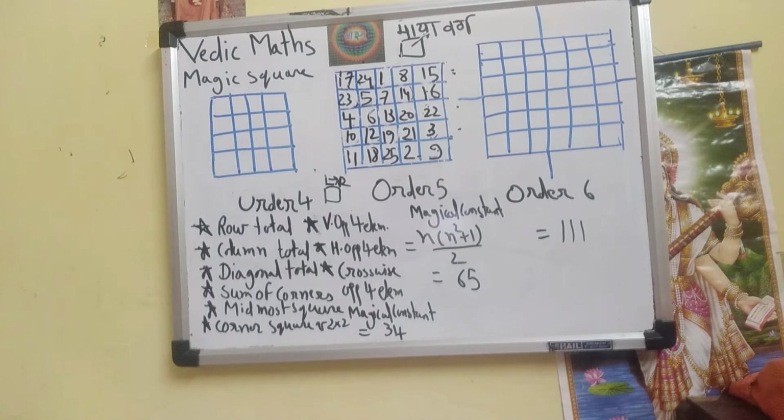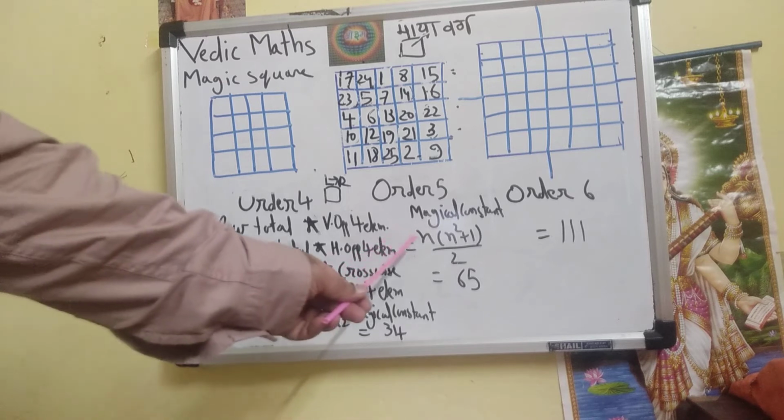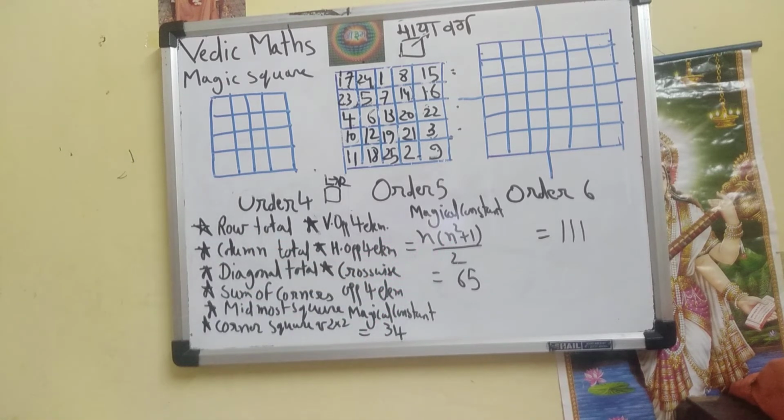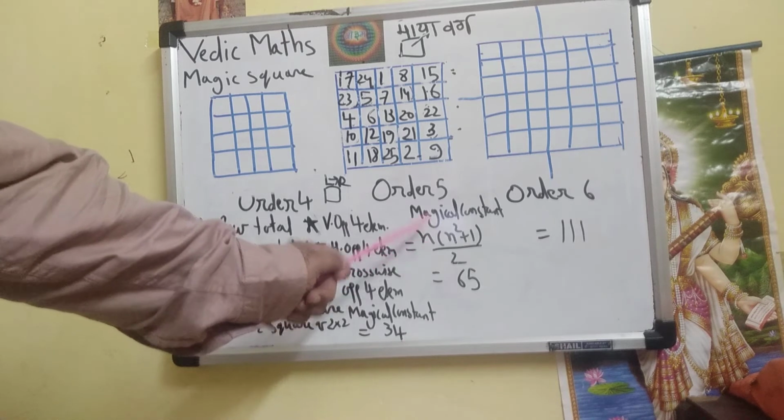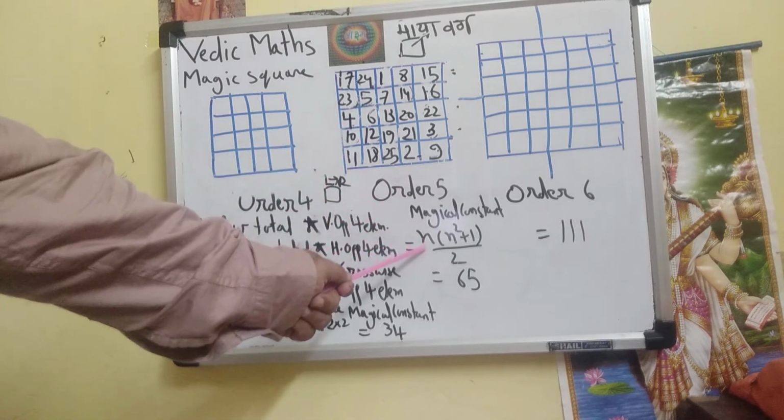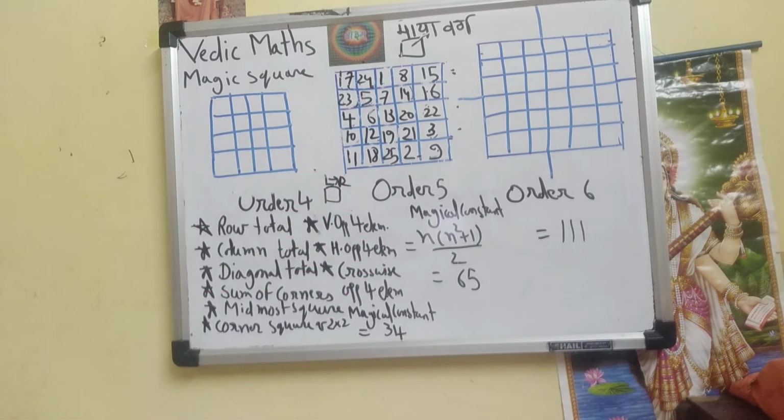The magical constant can be obtained by using this formula: n times (n squared plus 1) by 2. Here n is the order of the magic square. Here the order is 5, so put n equal to 5. So 5 into (5 squared plus 1) by 2, that is 5 into 26 by 2, that is 5 into 13, which is equal to 65.